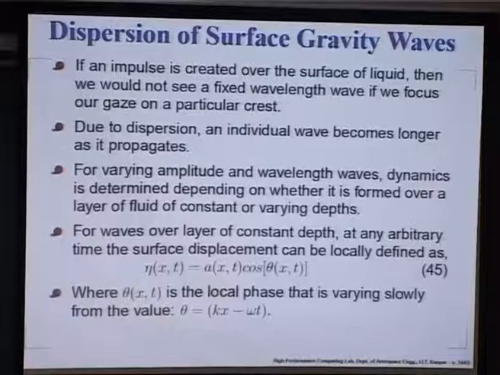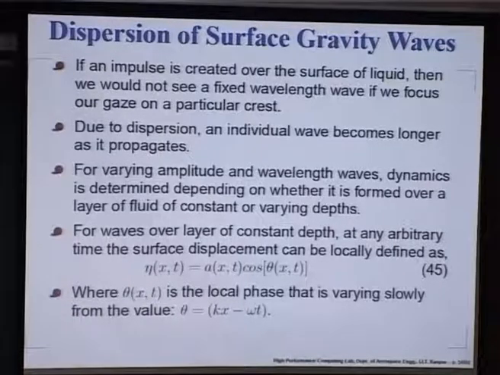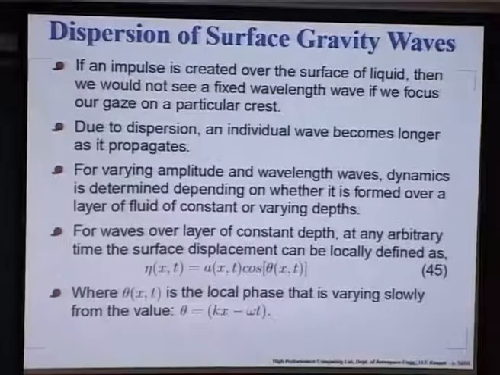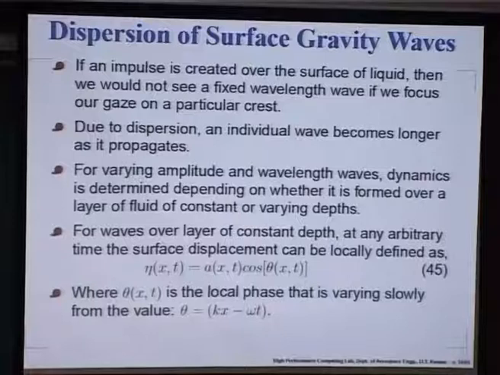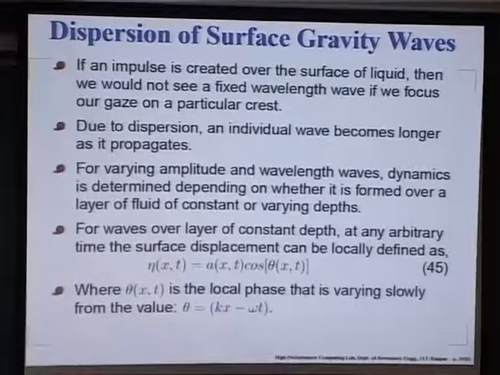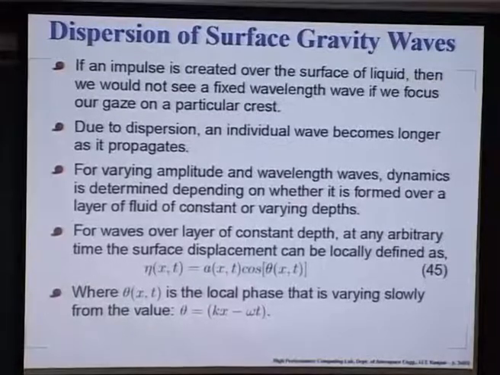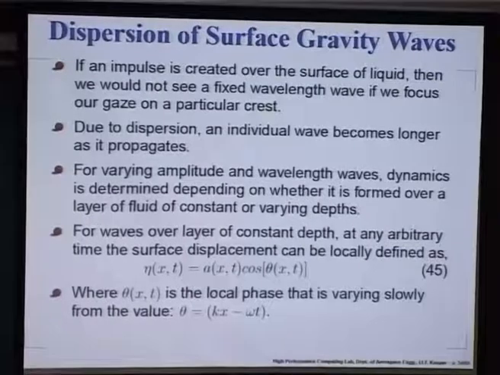Now, there are some other interesting properties of surface gravity waves. If I create an impulse on the surface of the liquid, then what will happen? Simultaneously many harmonics will be created, and this is a case of a dispersive system.